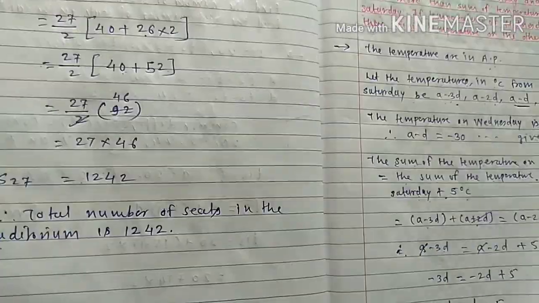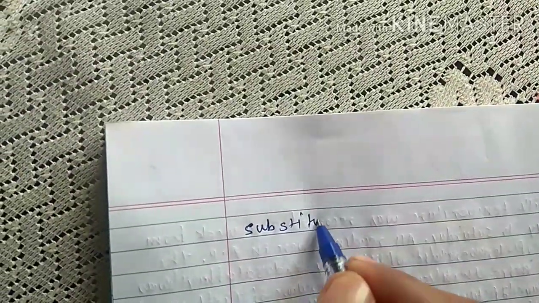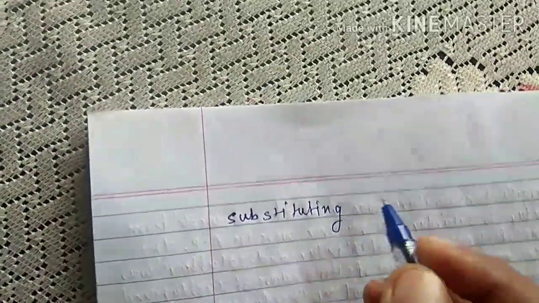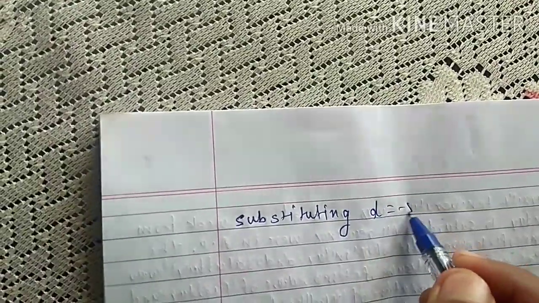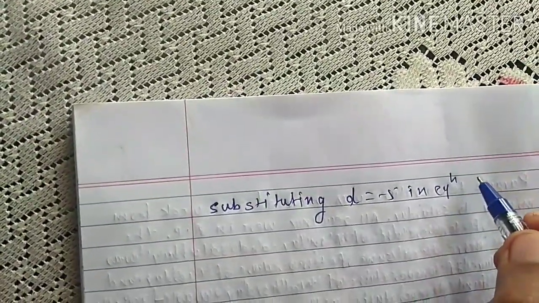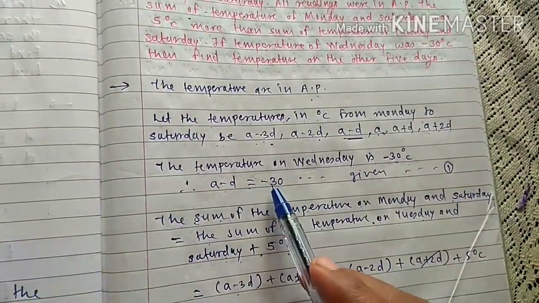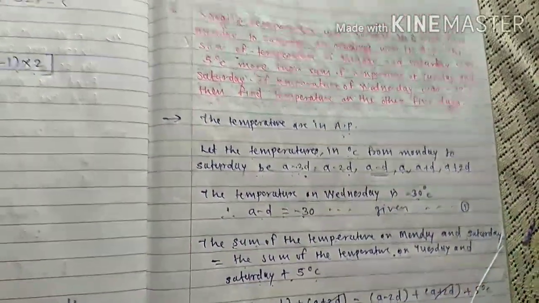So substitute. Substituting D is equal to minus 5 in equation 1.